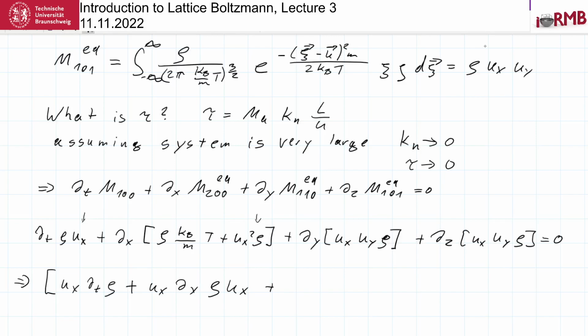So we go to plus ux. So we are now here. Plus ux dy of uy rho plus ux, the last one here, dz of uz rho.